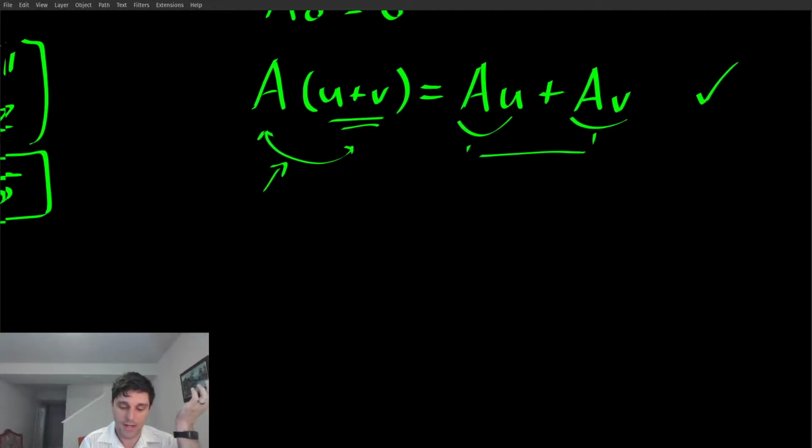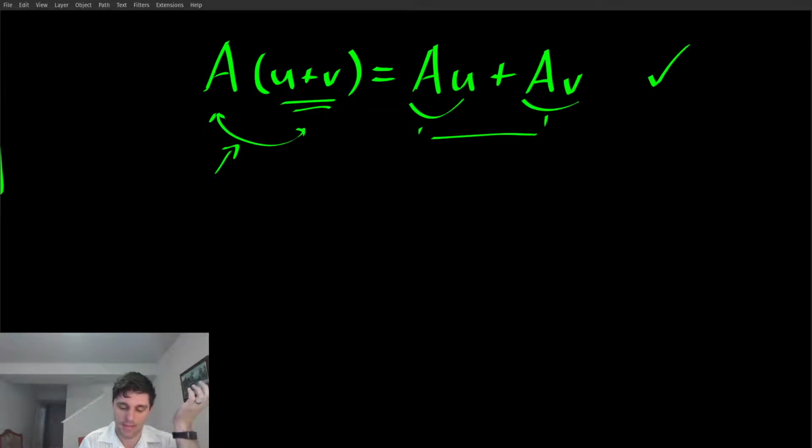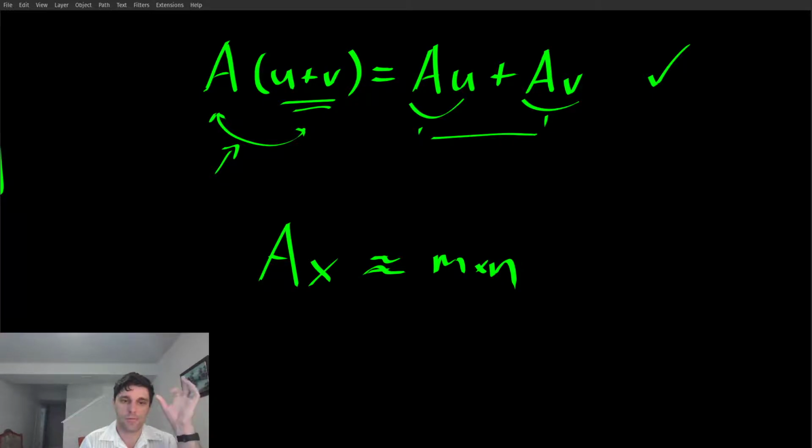Which reminds me, side note, how expensive is it to do a matrix vector product? Well, you have to do approximately m times n operations, right? Because for each row, for each column, you're multiplying them together.